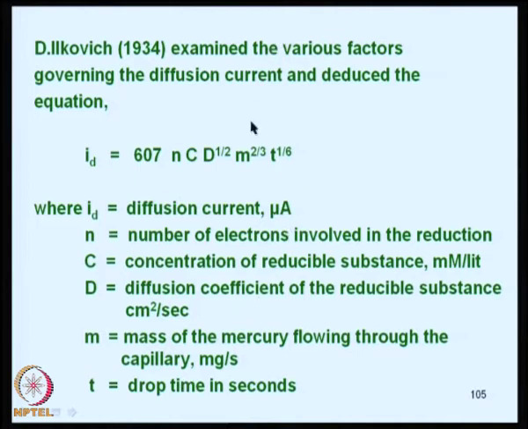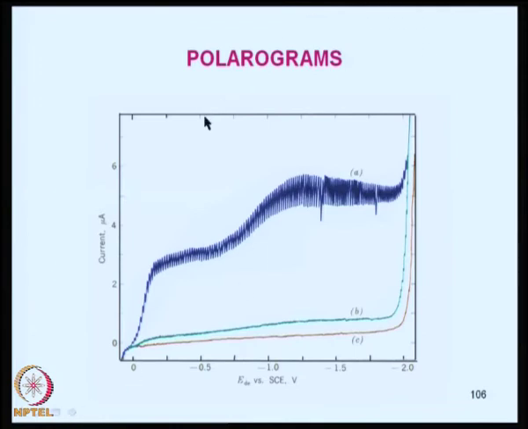So, we have the exponents: the diffusion coefficient is raised to 1 by 2, that is the square root, and the mass of the mercury is raised to 2 by 3, and the drop time, that is the amount of time taken for the mercury drop to form and fall down, is raised to 1 by 6. We will not go into the derivation of this, but we will use this expression for the remaining discussion.